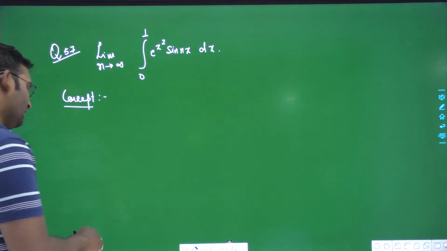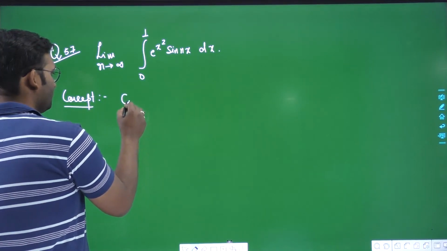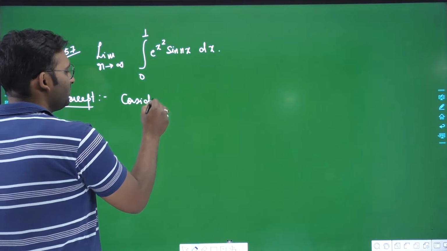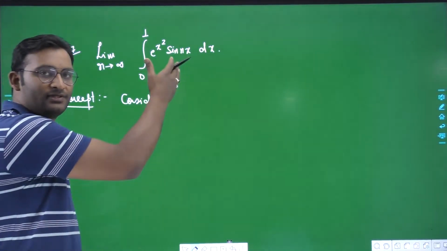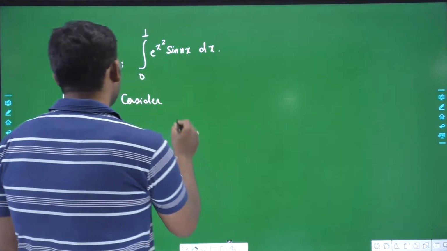So first, let us assume I'll develop a simple question and a simple proof for you, and accordingly you can see what shall be the answer to this particular problem.